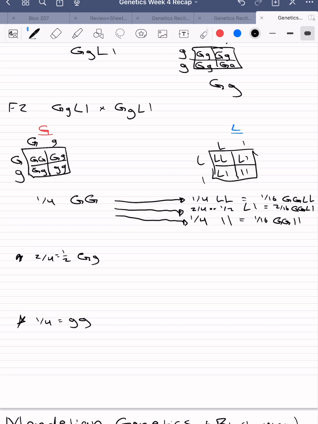Now all the phenotypes may be similar due to the fact that it does have a dominant allele. Like for example, this and this, they're going to have the same phenotype, but the genotypes differ at this one allele.